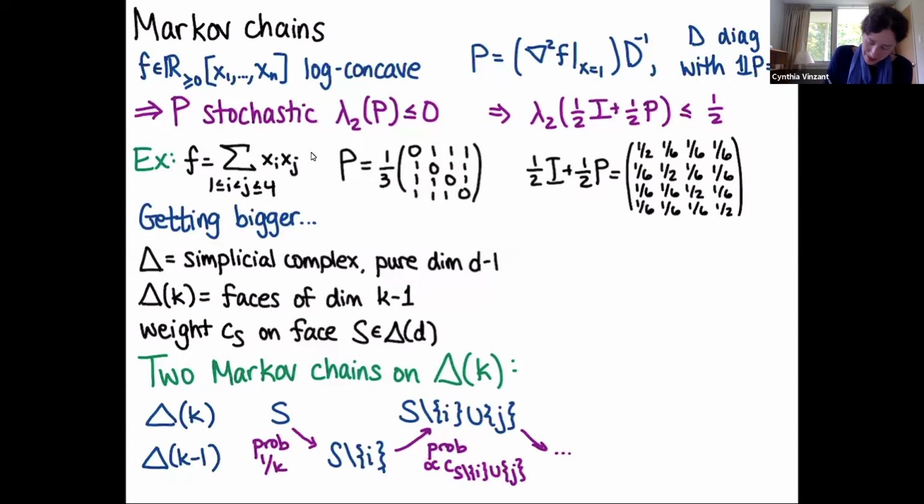I could also do the other way around. Assuming that I'm not at the top level, I could start at some set, add an element I'm allowed to add with some probability, and then boot out an element uniformly at random. So I also have a walk I can consider going this way.